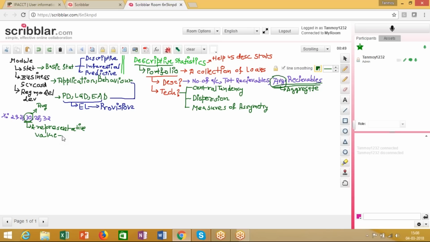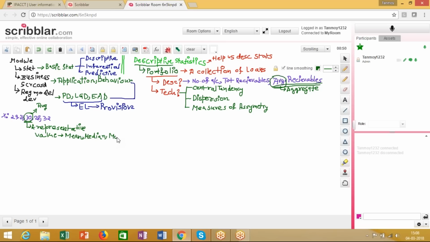And some very well-known measures of central tendency are the mean or the average, the median or the middlemost value of a variable, and the mode. Mean, median, and mode.